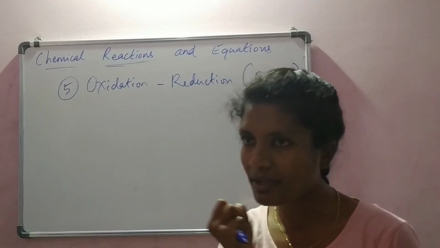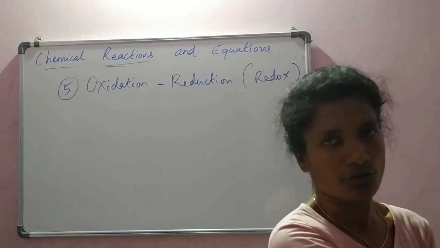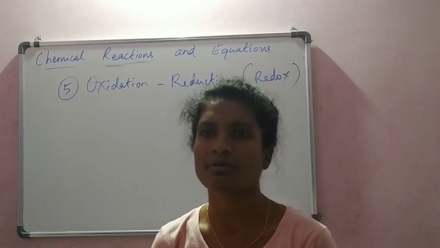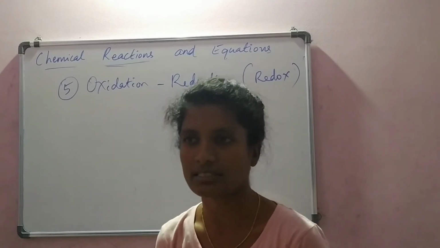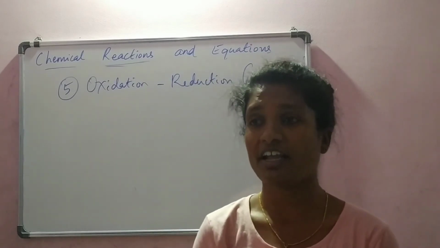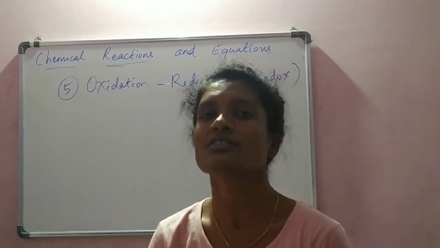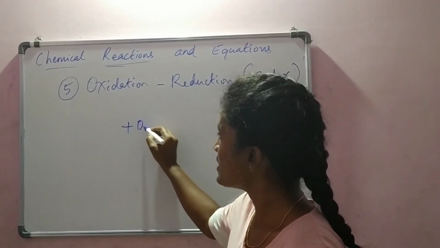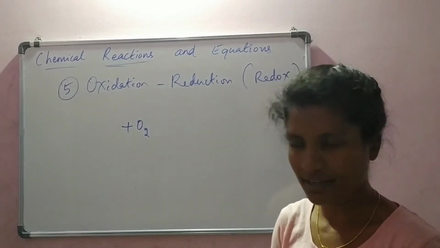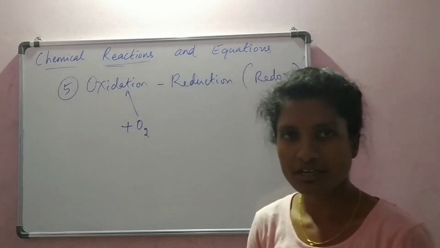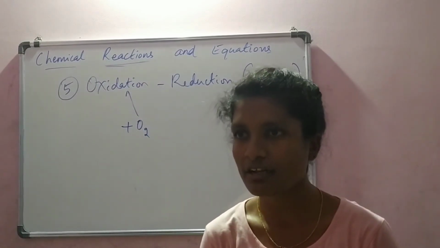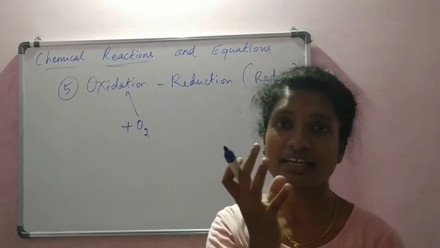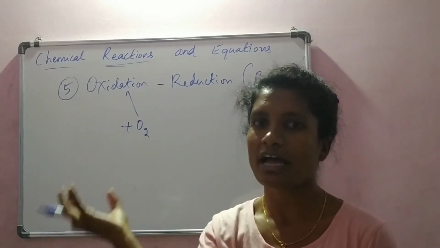Either oxygen will be taken in or oxygen will be given out, because this atmosphere is made up of gases. For most burning or combustion reactions, oxygen is necessary. So any reaction where oxygen is added or gained is called an oxidation reaction. It can be any reaction where oxygen is taken, gained or added.